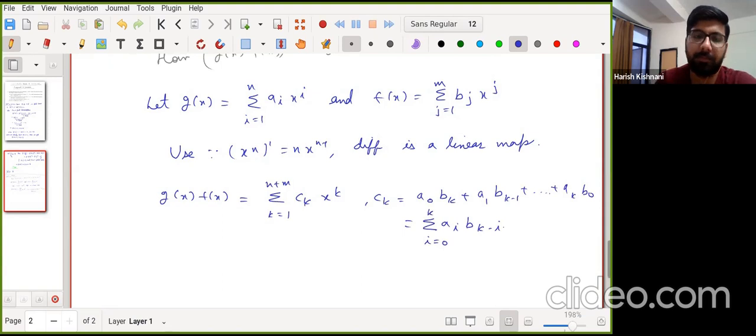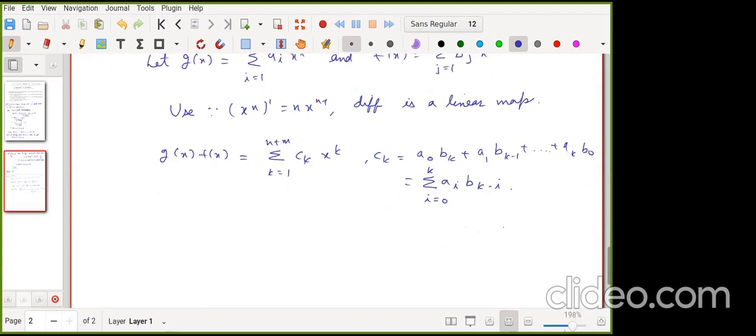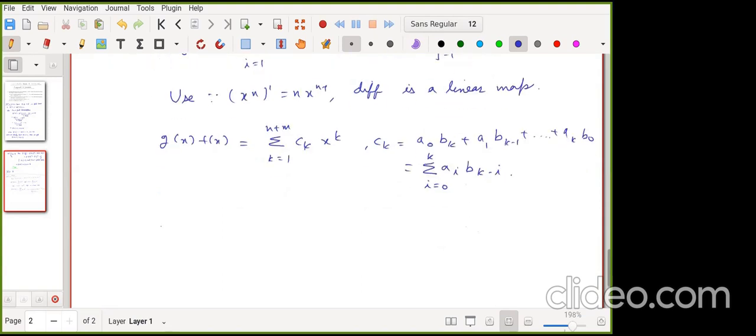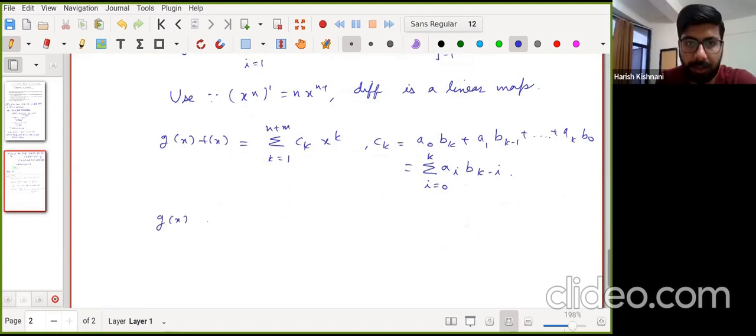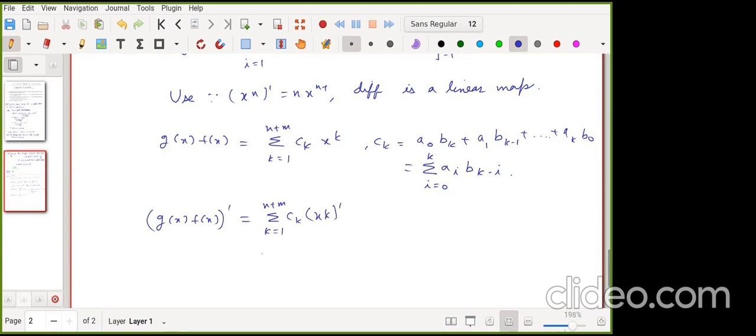Now you differentiate this, (g(x) f(x)) prime. It will be the summation over k of c_k, as it is, times the derivative of x^k, which is k x^(k minus 1).